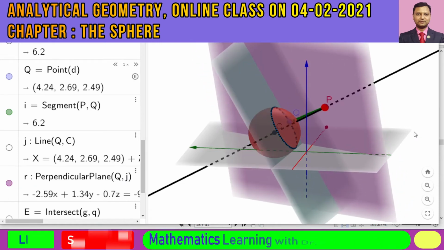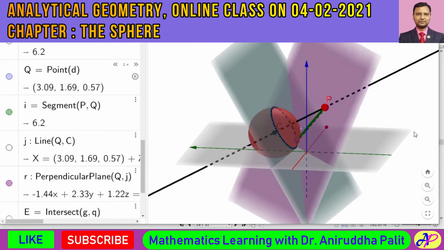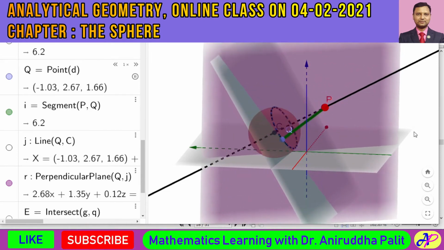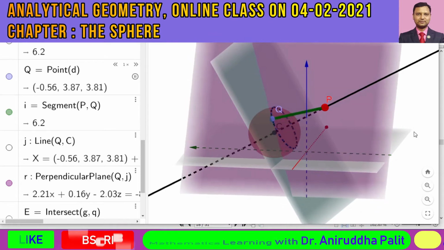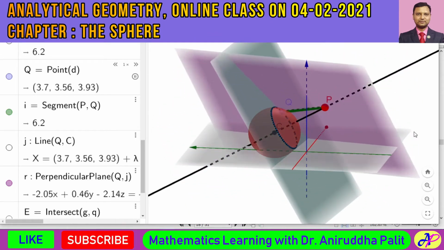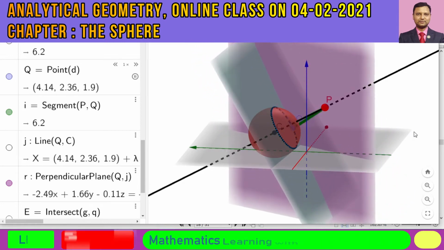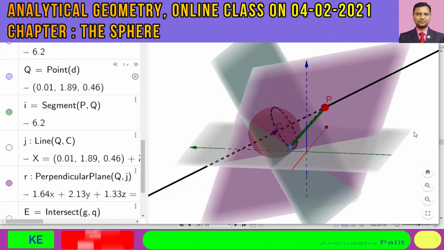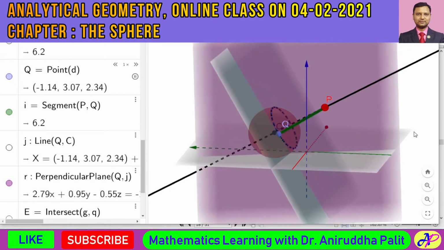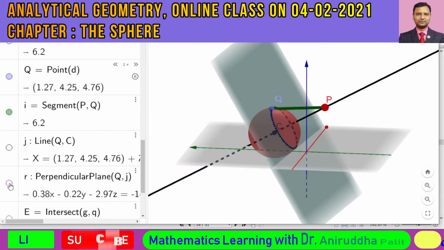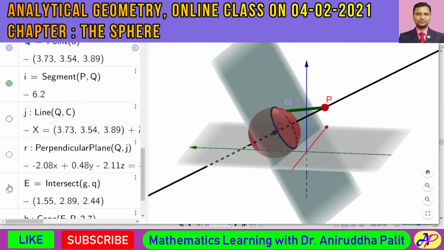As the point Q moves, correspondingly the tangent plane will also move, and that is passing through the PQ straight line from this animation. And it is clear that the point Q will always lie on this kind of plane, which is called the plane of contact.